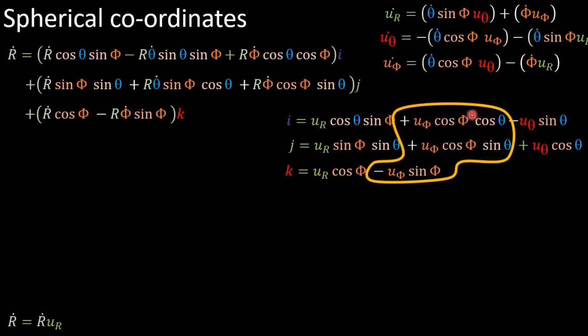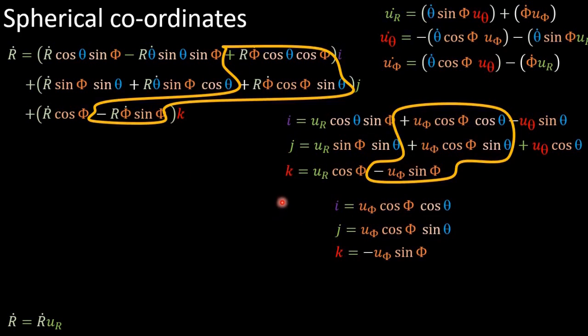So again, if you notice, these three terms here are also present here as well. So if I take each term and write them down here, okay, so this term down here was in the I direction, this term in the J direction, and this term in the K direction. Okay, so again, notice that these terms here are the same as these here. Take these terms and put them down here.